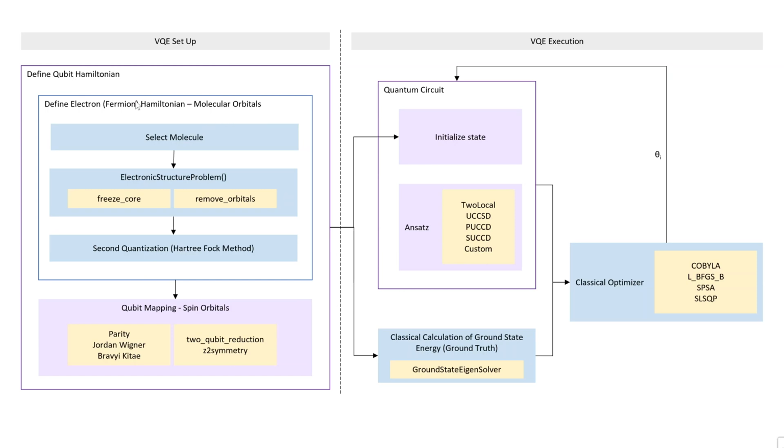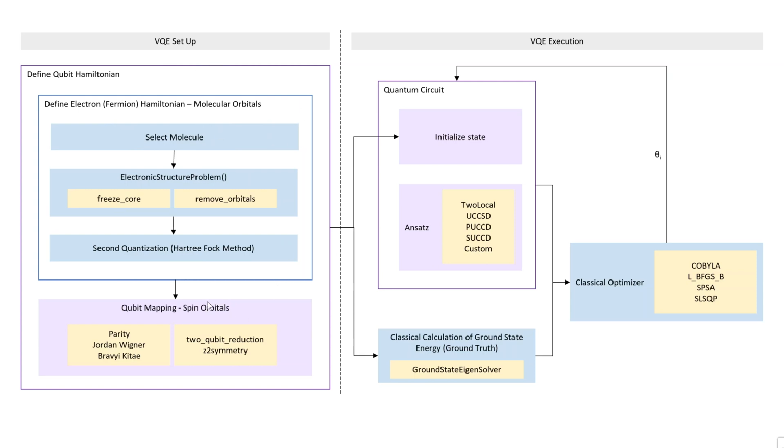The two main sections here are defining the electronic or fermionic Hamiltonian, which works in the basis of molecular orbitals, where the electrons are residing in space. But we can map that onto spin orbitals, which are more appropriate to map to qubits, because the commutative properties of the Hamiltonians and the operators involved are different in the spatial basis than in the spin basis.